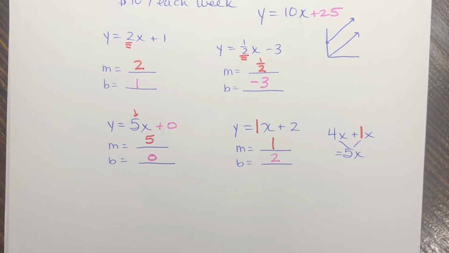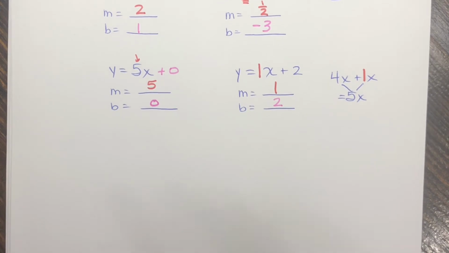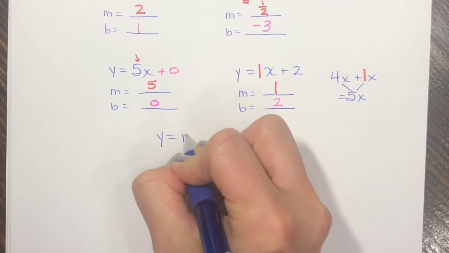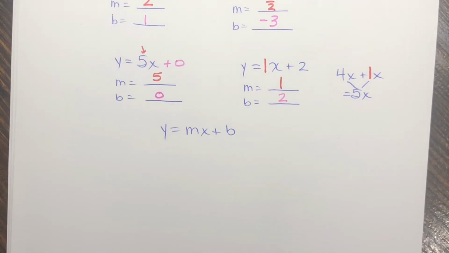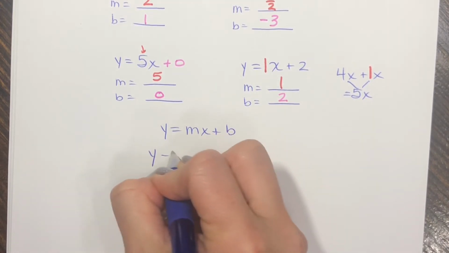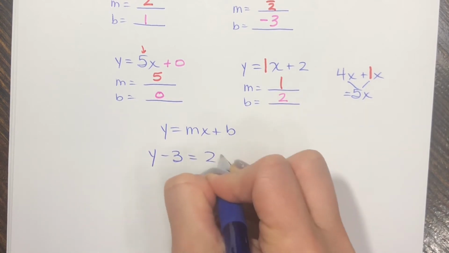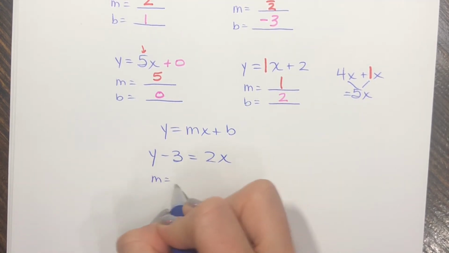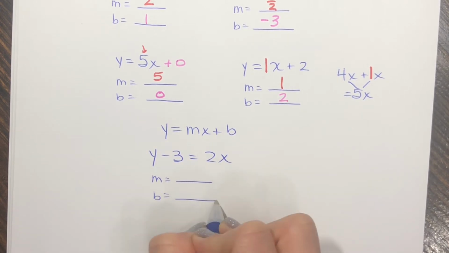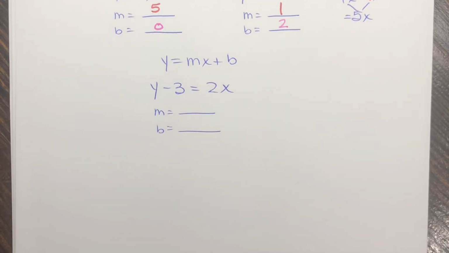Now, sometimes things get a little unorganized. So if this is our slope-intercept form that we need it to be in, and sometimes it looks like this instead, and I ask you to identify the slope and the y-intercept, you've got a little bit of work to do first.